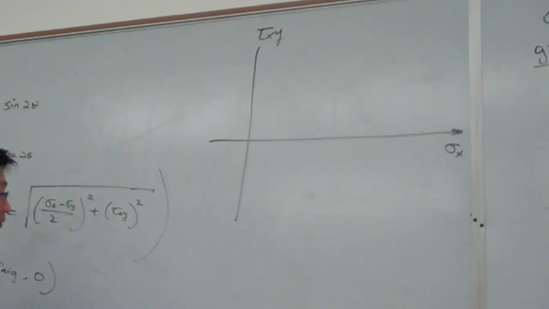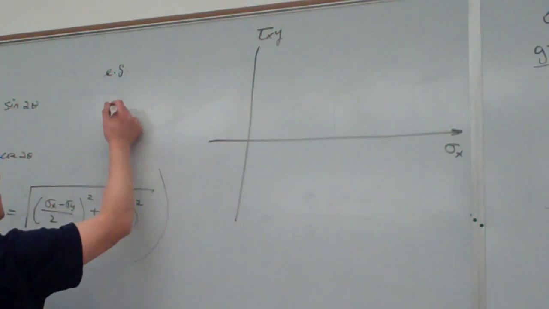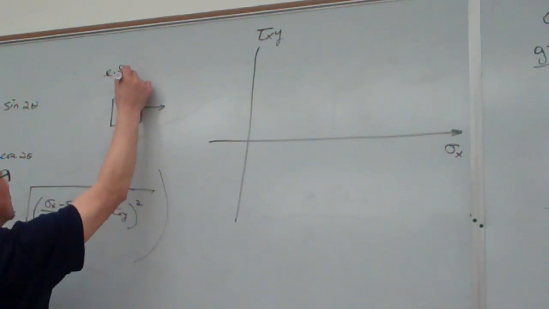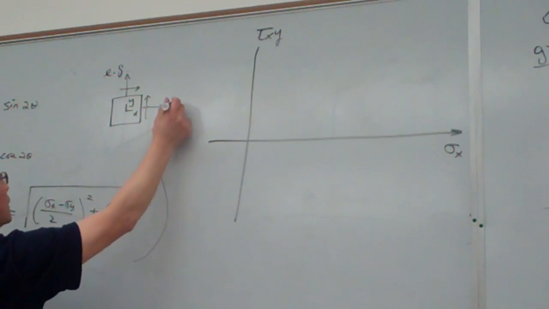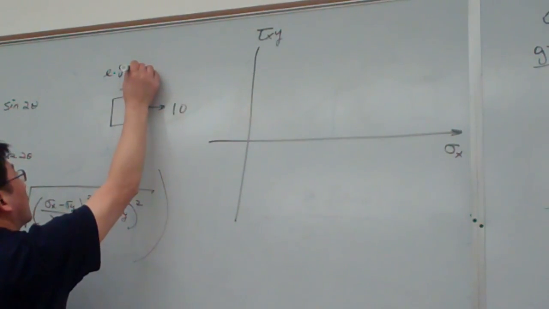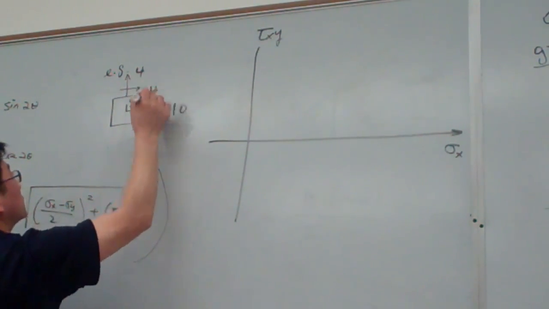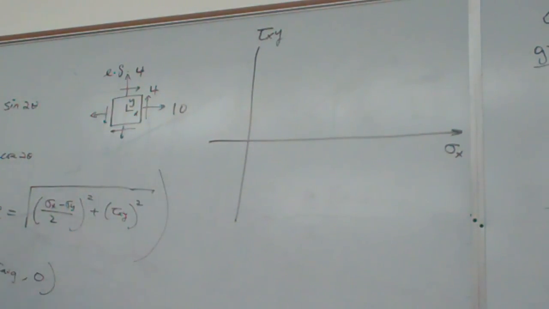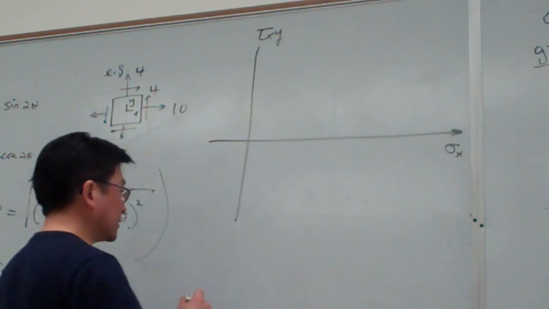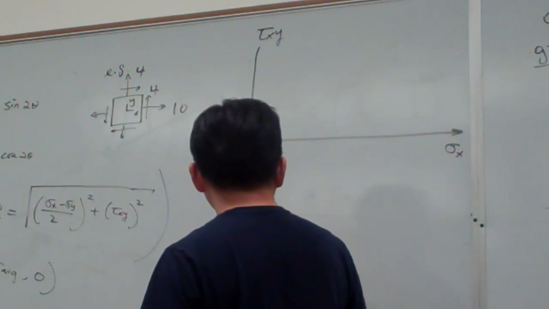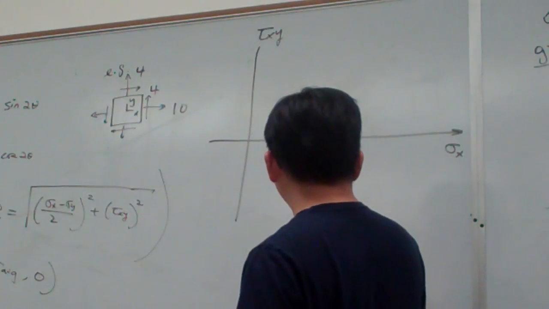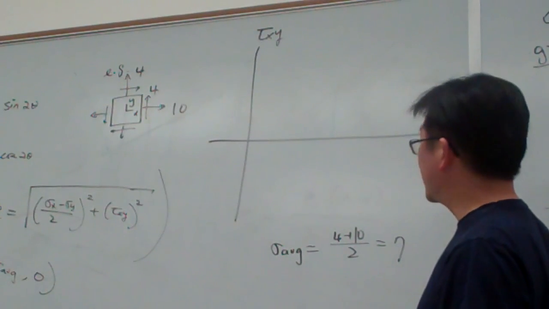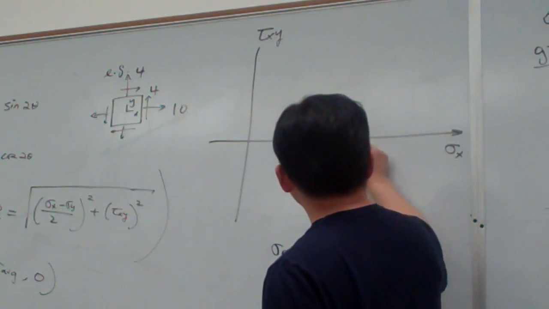So once we are given, for example, let me work on this one. So for example here, 10, 4, and this is 4, okay? So let me utilize this as one example. So here the average we can calculate is 4 plus 10 divided by 2 equal to 7. So the center will be at the 7 here.